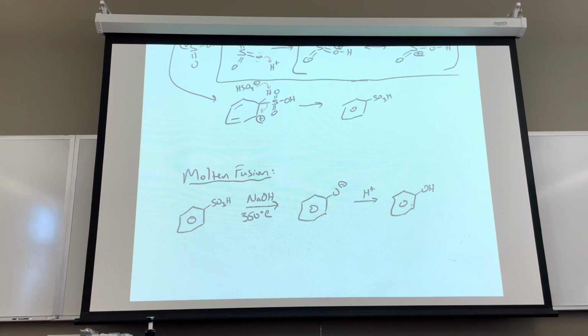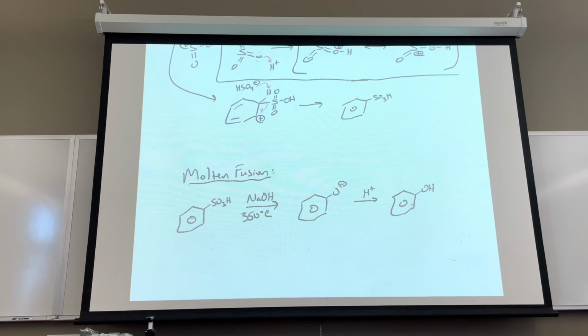Now, you should be aware that this sodium hydroxide at 350 degrees is not exactly mild conditions. These conditions will wreck a lot of functionality. You know, if you had an ester, let's say, the chances of an ester surviving the molten fusion conditions would be less than 0.